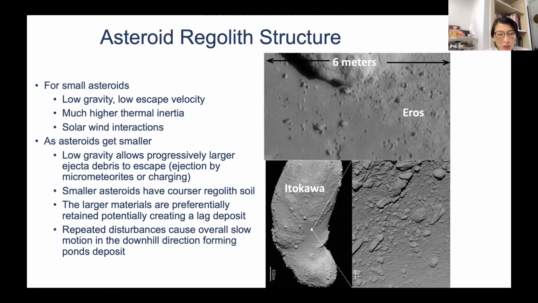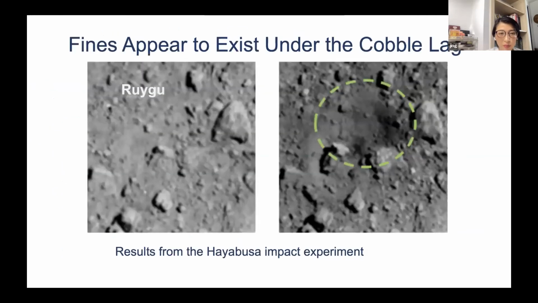The larger materials are retained, potentially creating what we call a lag deposit. The repeated disturbance causes overall slow motion in the downhill direction, forming this pond deposit. That's what we see on the small near-Earth asteroid regolith surface.